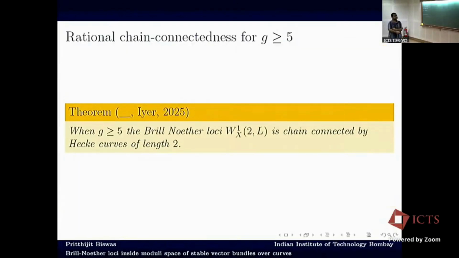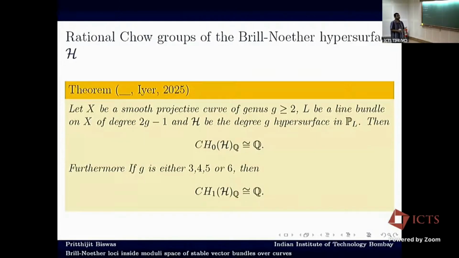And finally, to wrap up, when g is at least 5, we could show that this is chain connected by Hecke curves of length 2, and some small computations about the hypersurface, we call this Brill-Noether hypersurface, of their Chow groups for low genus.